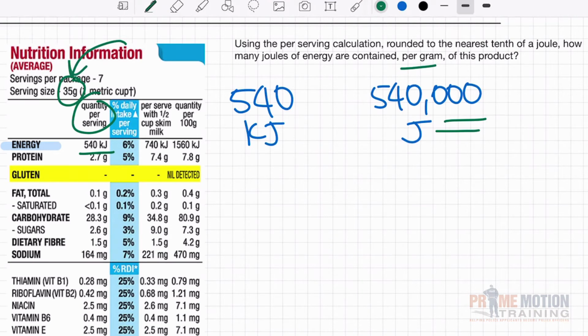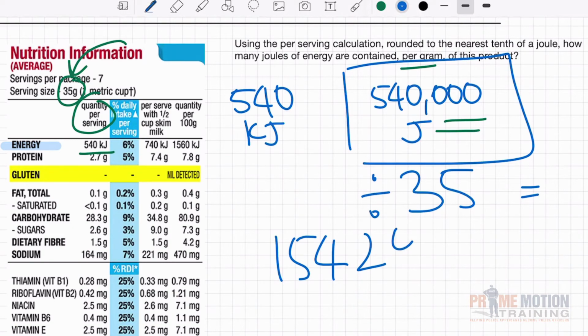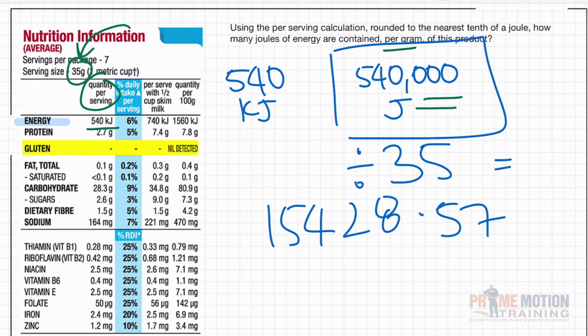We know there are 35 grams per serving, so if we divide this number by 35, we're going to end up with a number of 15428 and 0.57 joules. Okay, that's joules now.